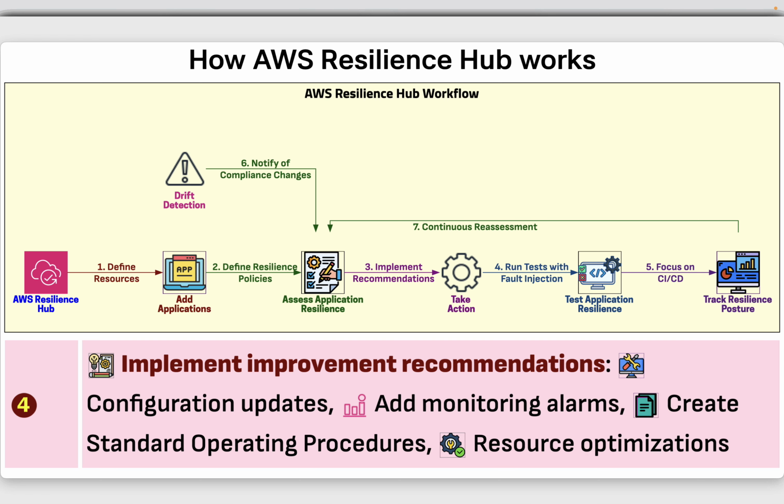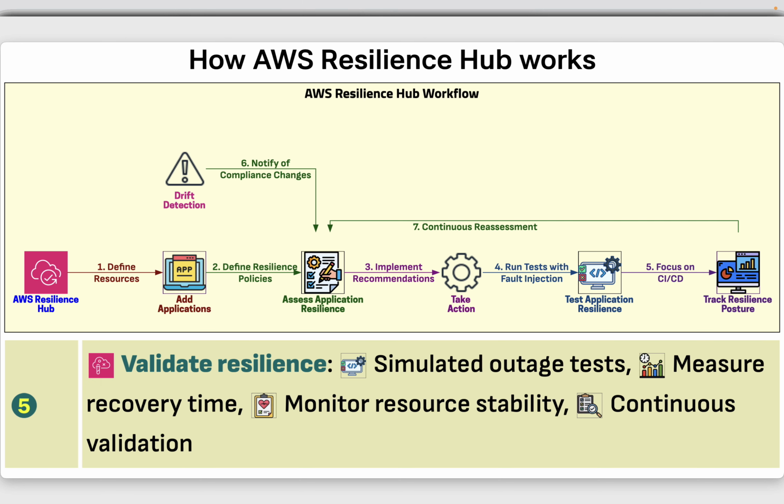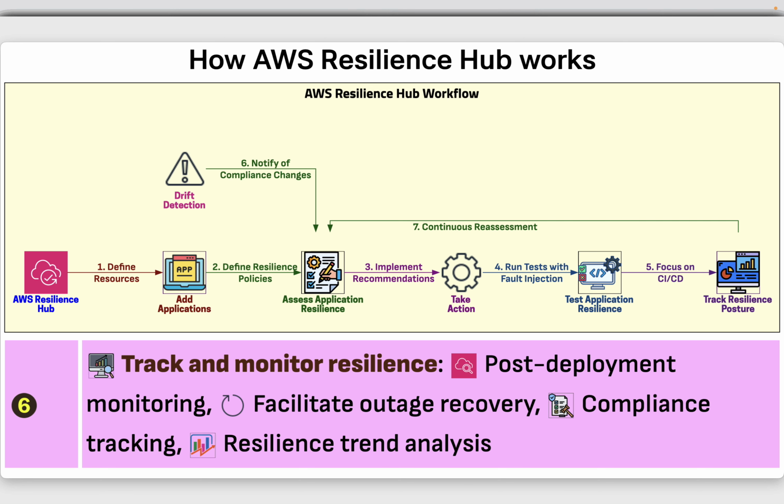Then you implement assessment recommendations for improved resilience, including configurations, alarms, and standard operating procedures. Then you validate resilience through simulated outage tests, measuring recovery time and resource stability. Then you track and monitor application resilience post-deployment, facilitating outage recovery management.